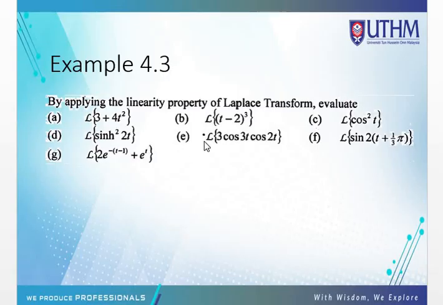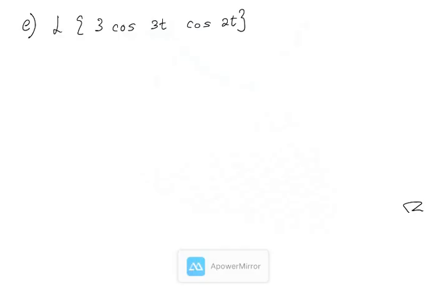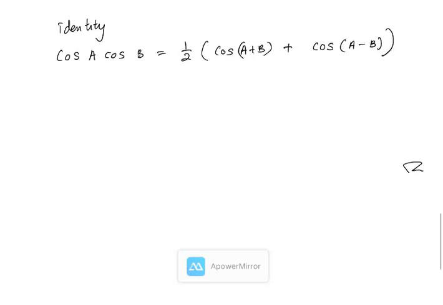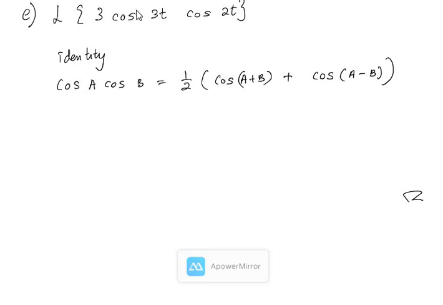Next question is Laplace transform of 3 cos 3t cos 2t. Again, from the identity, we have cos A cos B equal to half of cos(A plus B) plus cos(A minus B). So this is the identity. And if we compare, cos A, cos B, cos 3t, cos 2t, we will get all this.